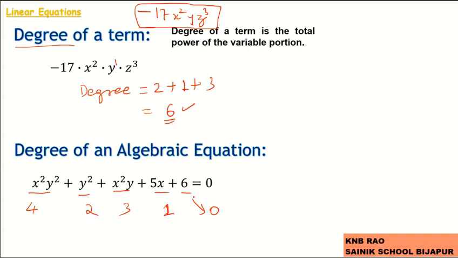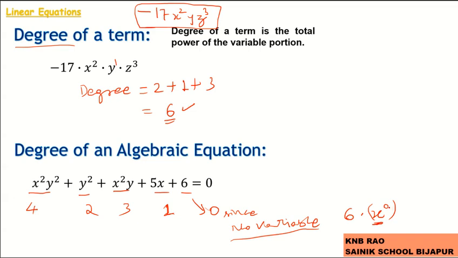So, the degree of this constant is 0 because no variable. Why? Because when there is no variable, I can write it with some variable raised to the power 0. Any variable raised to the power 0 is equal to 1.